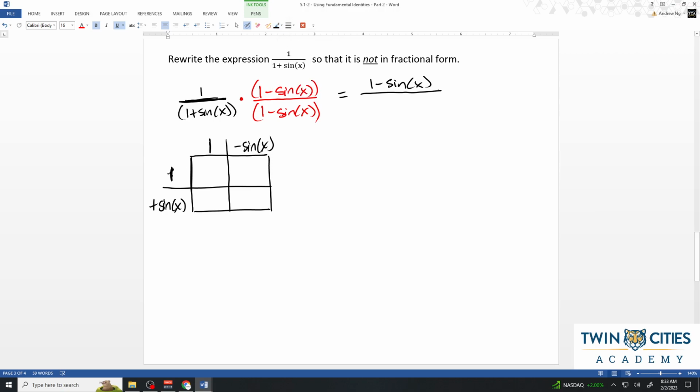Well, when I multiply these, 1 times 1, that's going to give me 1. 1 times negative sine of x, so negative sine of x here. 1 times positive sine of x. And then sine of x times negative sine of x, that's going to give me negative sine squared of x. Combining like terms, positive sine of x and negative sine of x subtract out, leaving 1 minus sine squared of x on the bottom.